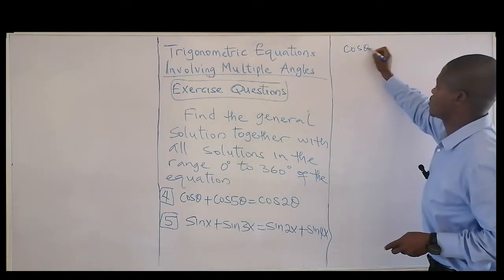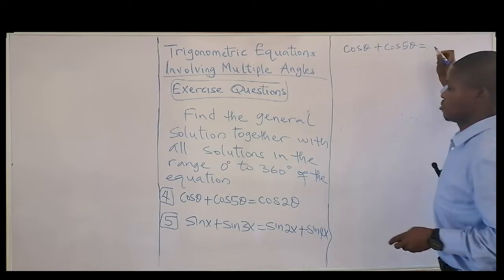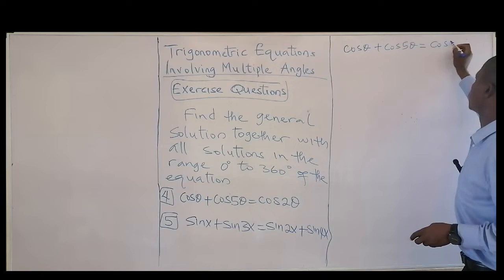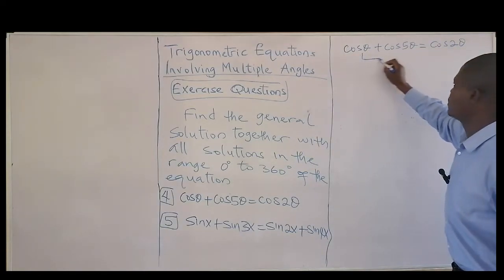Cos theta plus cos 5 theta equal to cos 2 theta. We've explained this before.